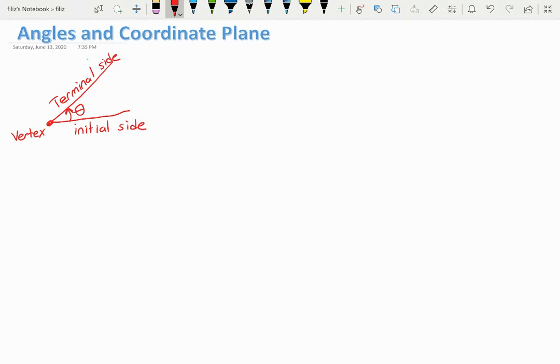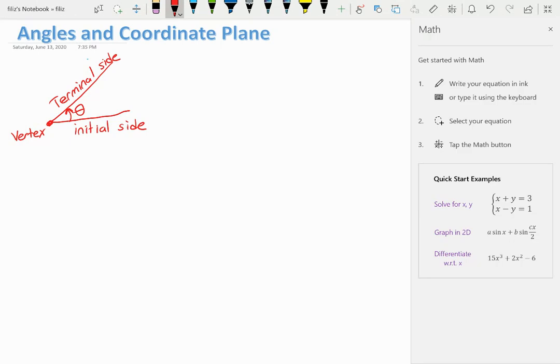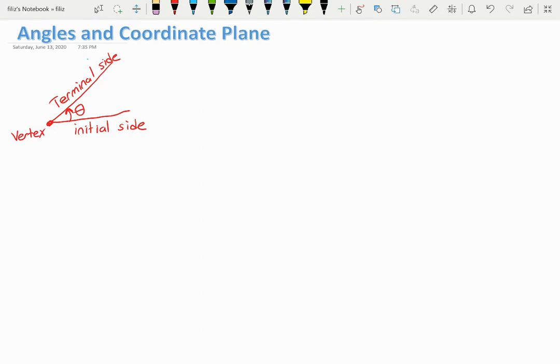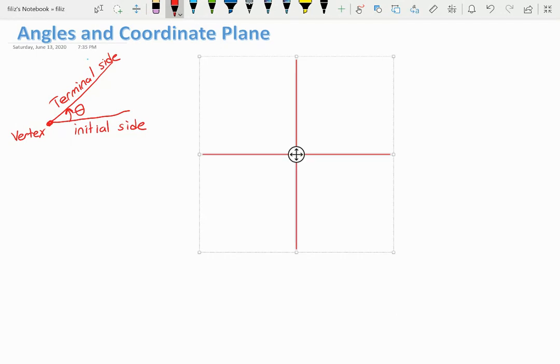What do I mean by x-axis? Okay, let's make an xy coordinate plane here. This is my xy coordinate plane.